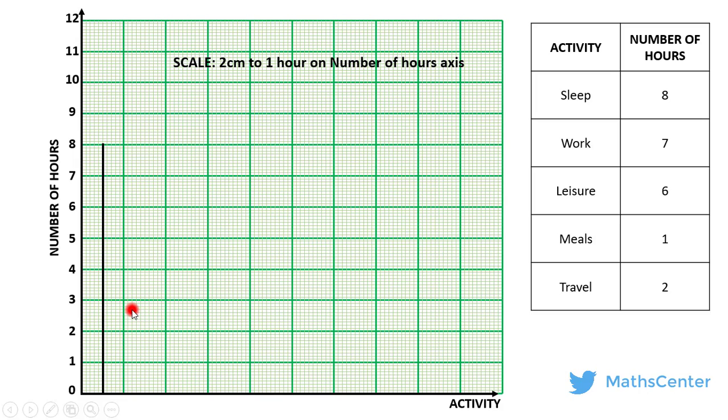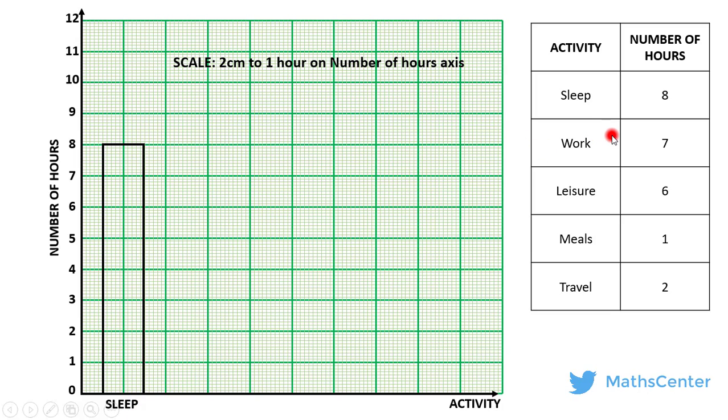I said each bar will occupy 10 minor divisions or 10 small boxes. So after drawing this first vertical line, I'll count 10 minor divisions or 10 small boxes. Then I draw another vertical line from 0 up to 8. And then I'll close it up with a horizontal line. And this will give us the bar for sleep.